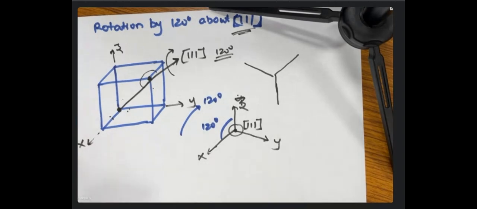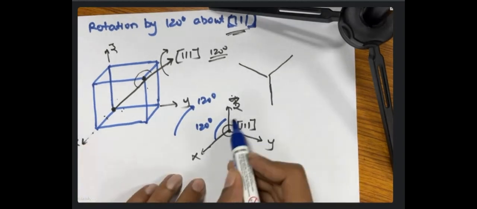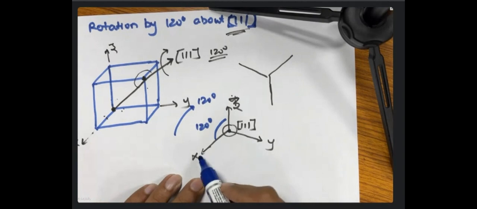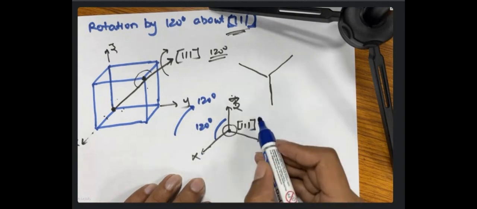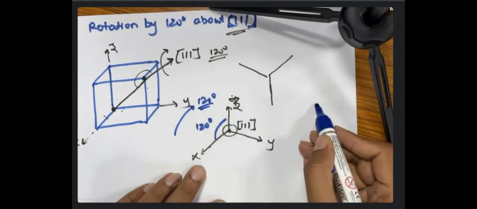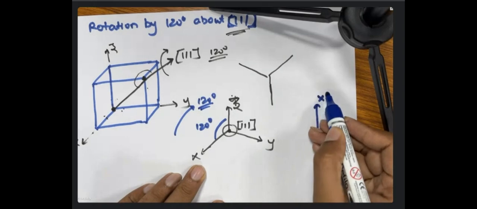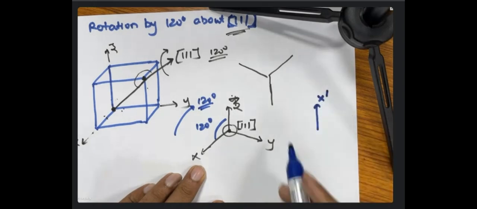Now let's apply the transformation to it, and let me draw it with the blue color. Rotating about the [111] by 120 degree, the x-axis will get to the position of z. So let us say this is our x dash, which is along the z.